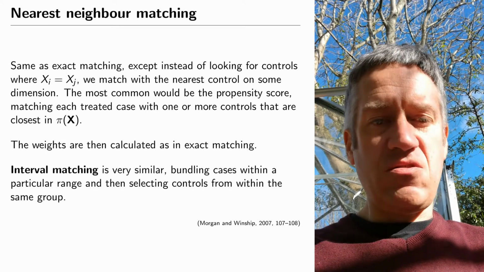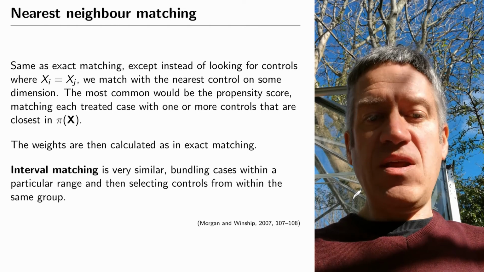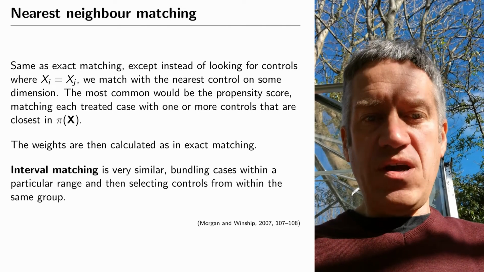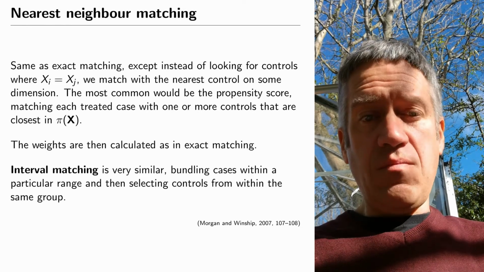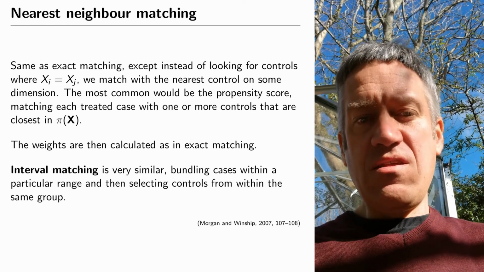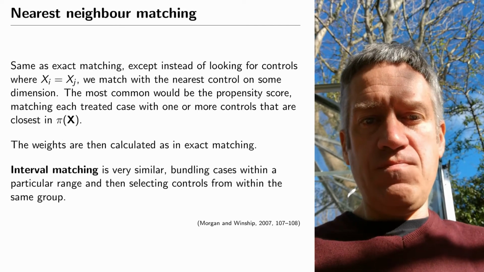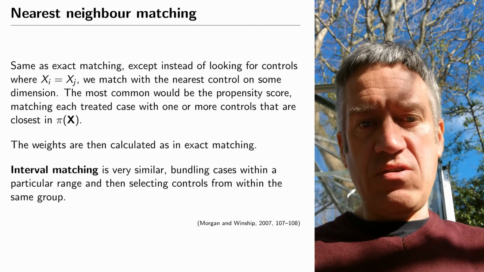This can be the propensity score or some other distance. So nearest neighbor matching means for each case in the treatment group, we find a fixed number of nearest neighbors in the control group that are the closest to the case in the treatment group.